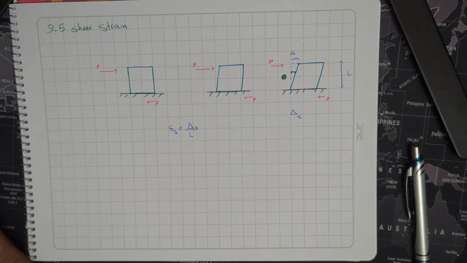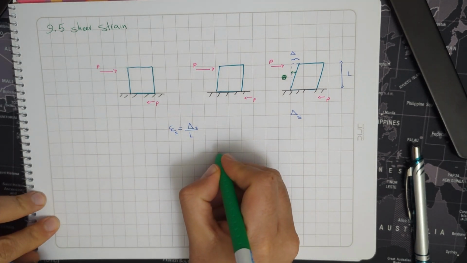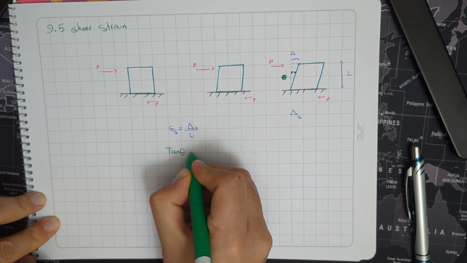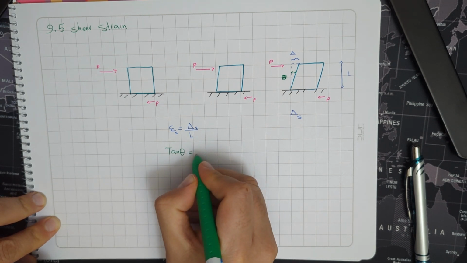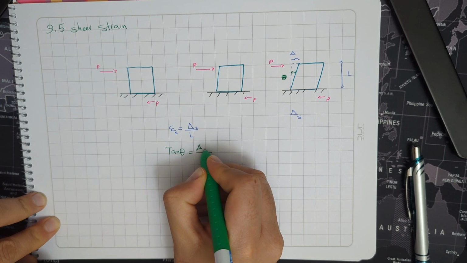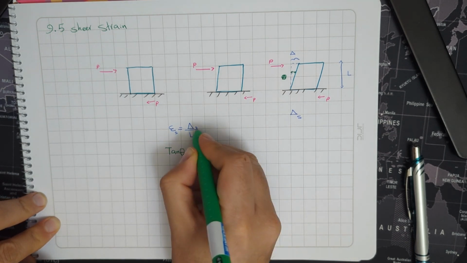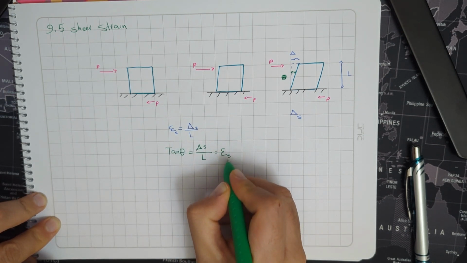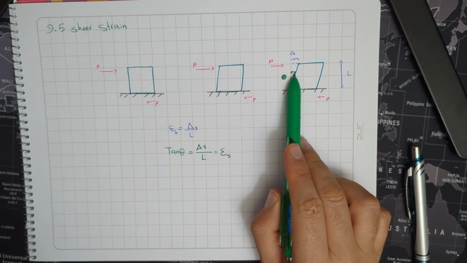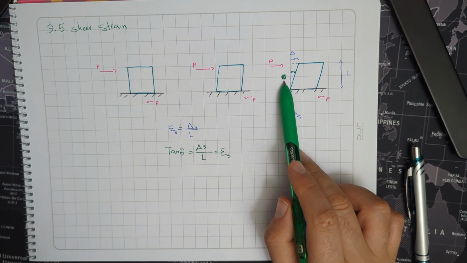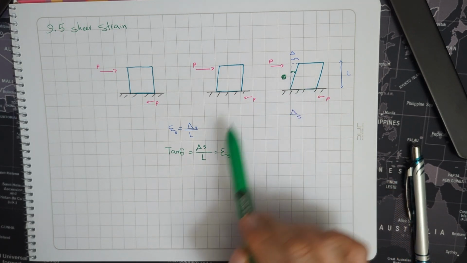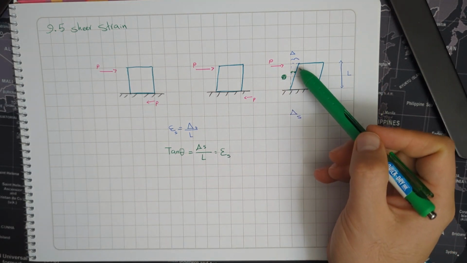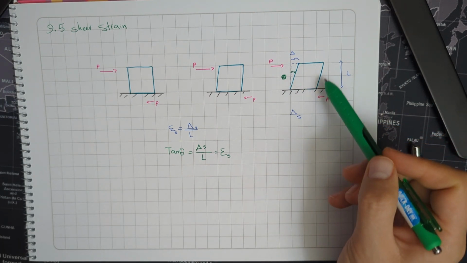If we calculate the tangent of theta, it equals the same delta S over L, and as we had before, delta S over L is epsilon S. So the tangent of this angle equals the shear strain of this material, this situation.